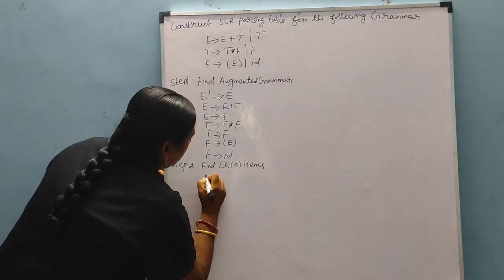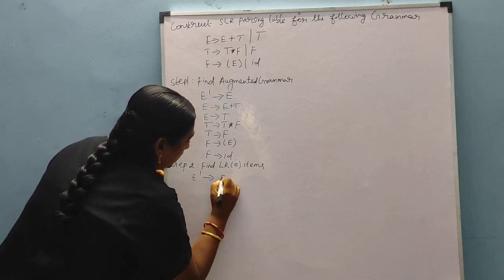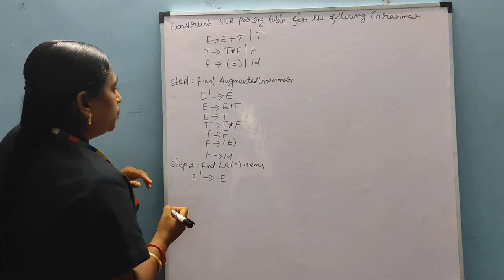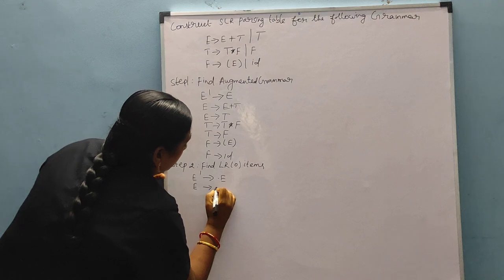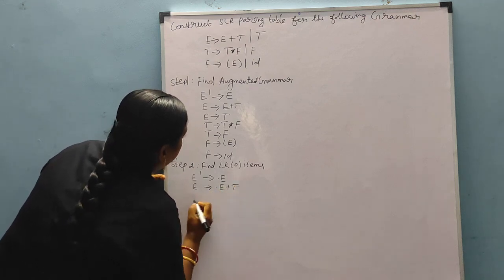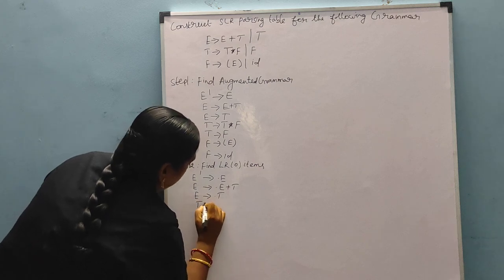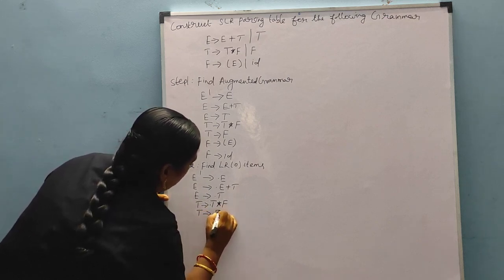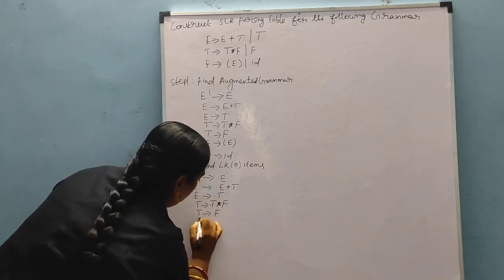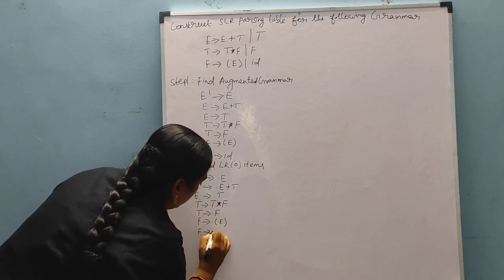I will write E dash tends to dot E. Likewise for all the productions: E tends to dot E plus T, E tends to dot T, T tends to dot T star F, and then T tends to dot F, then F tends to dot E, then F tends to dot ID.